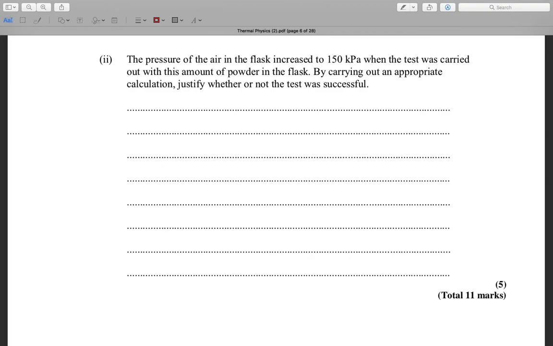Let's say we are summing the powder volume.